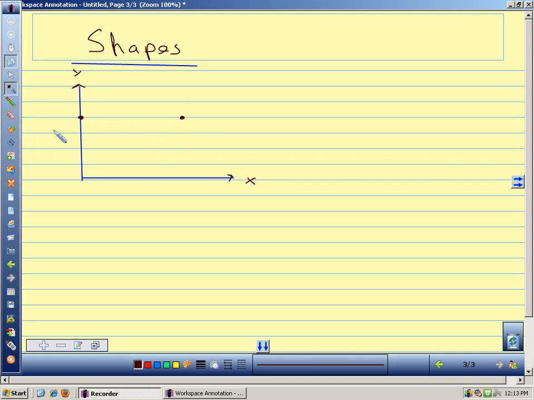So the first one, we're going to do a rectangle. So I'm going to draw a rectangle in here, and we're going to call this ABCD.